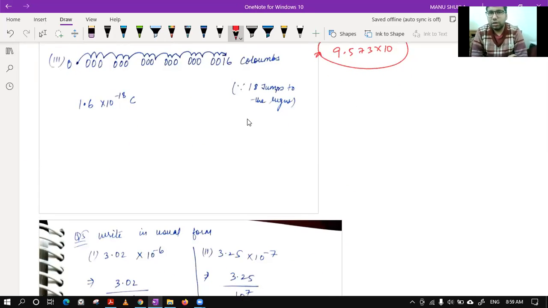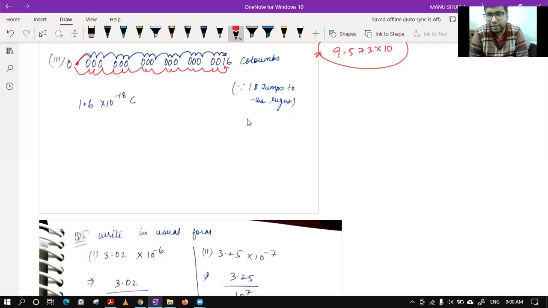Find the charge of electron if it is given to you in this form. You can see there is a decimal given to you here. The jumps are how many? 1, 2, 3, 4, 5, 6, 7, 8, 9, 10, 11, 12, 13, 14, 15, 16, 17, and 18.